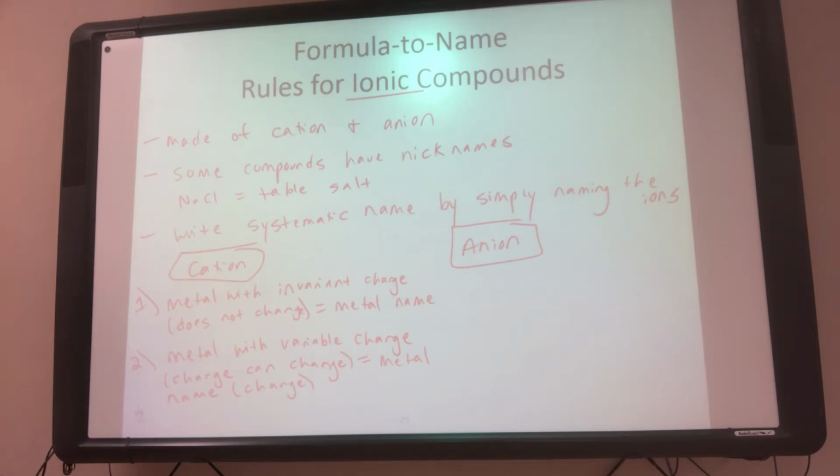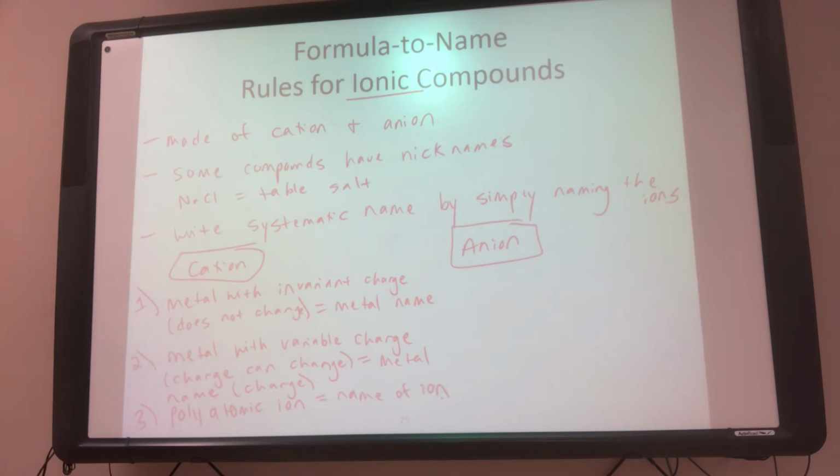The third option we're going to have here is what's called a polyatomic ion. And we're going to get to those in a little bit, but I want you to be aware that there is a third kind. Once you have the polyatomic ions memorized, to name the cation, you just look at the polyatomic ion, figure out what it is, and it's just the name of that ion.